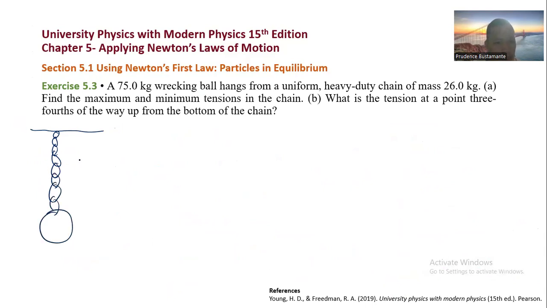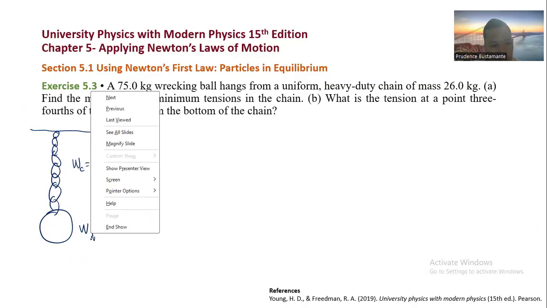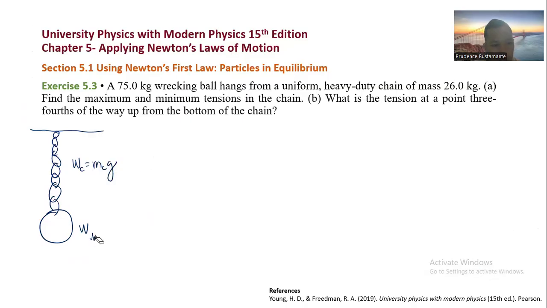We have the weight of the chain, which is equal to the mass of the chain times g. And we have the weight of the wrecking ball, the mass of the wrecking ball times g. So at this point, what is the 3/4?